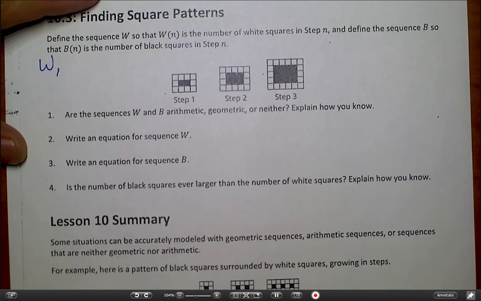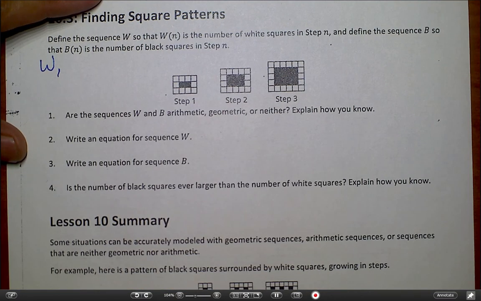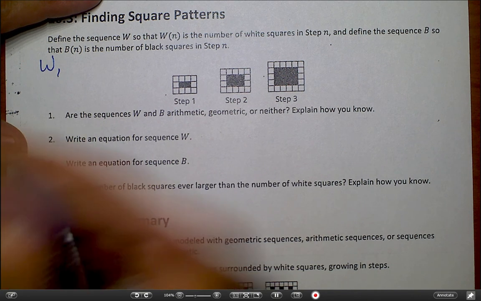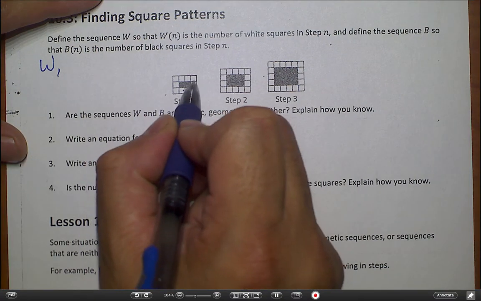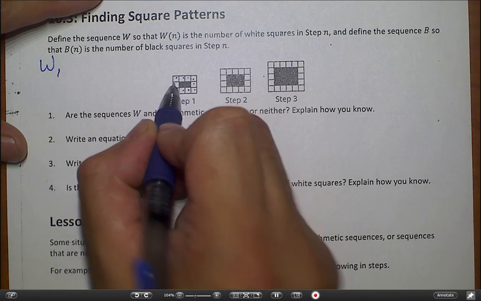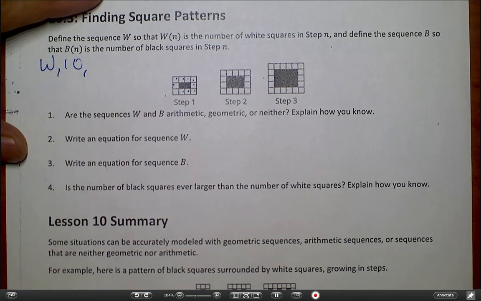So the white squares, how many white squares in the first one? 10. 1, 2, 3, 4, 5, 6, 7, 8, 9, 10. How many white squares are in the second one?